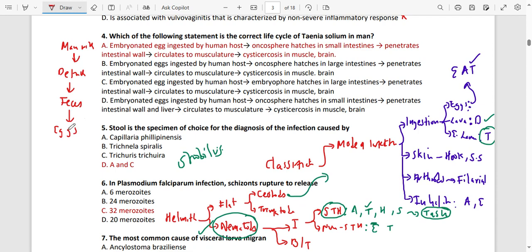So the eggs which have been discharged in feces, they have got two different paths. Number one is that a second man can end up getting those, and that can be via dirty water or such, right? But not necessarily water.